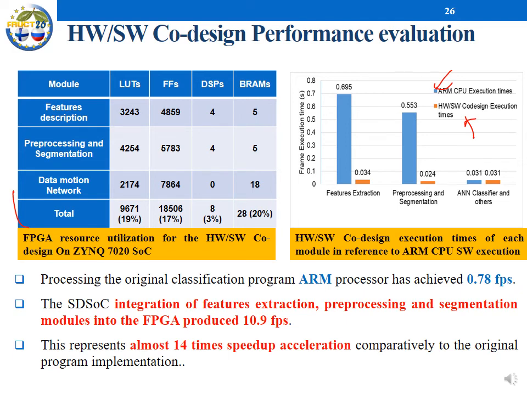From this figure, it's clear that the hardware-software co-design is much faster compared to the ARM CPU execution time. The original classification program on the ARM processor achieved 0.78 frames per second. The SDSoC integration of feature extraction, preprocessing, and segmentation modules into the FPGA produced 10.9 frames per second, representing almost 14 times speed up acceleration compared to the original program implementation.